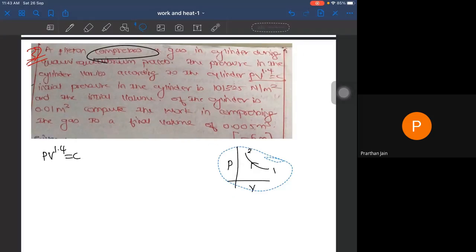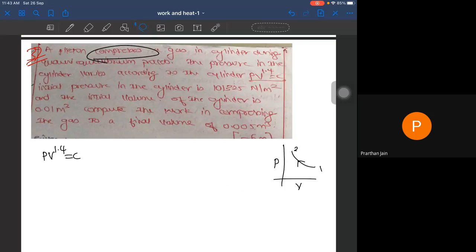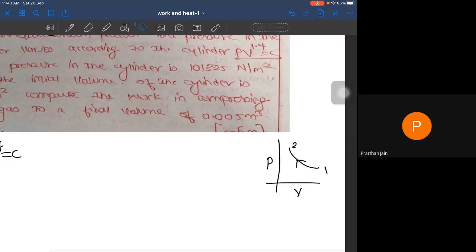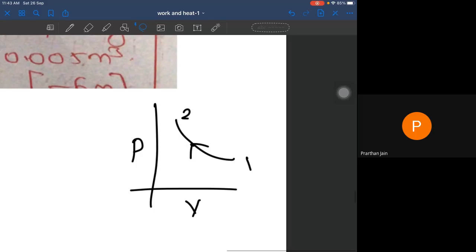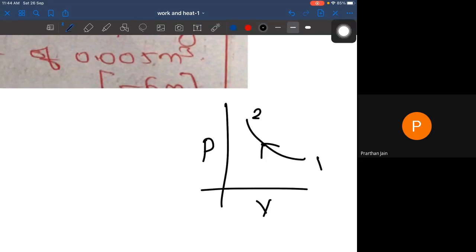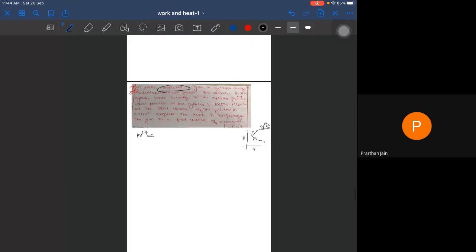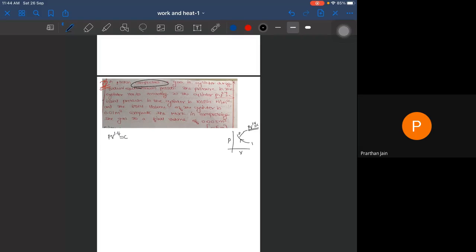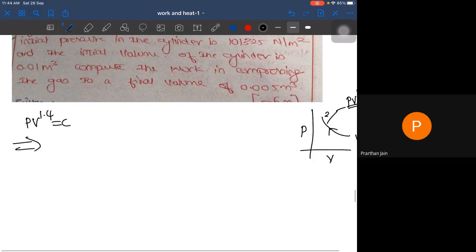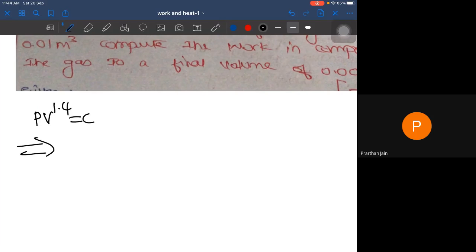So he has given the relationship for the compression, PV to the power of 1.4 is equal to constant. For this particular relationship, it implies that the value of K is 1.4 here.